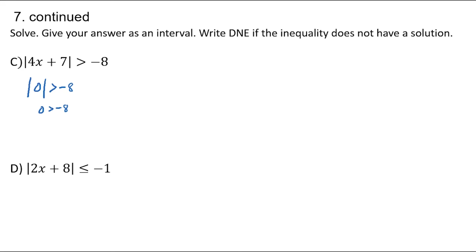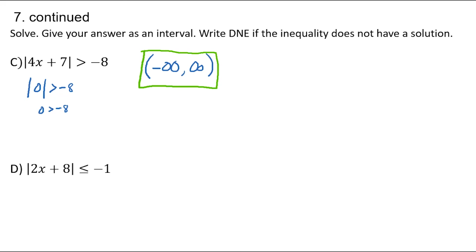So no matter what I pick, from -infinity all the way up through +infinity, whatever value I plug in for x and take the absolute value of, I will always come up with a value that is greater than -8. So we don't need to go through finding critical values or anything, because just based on the way this is set up, I know that I can pick any value and plug it in and always get a true statement.